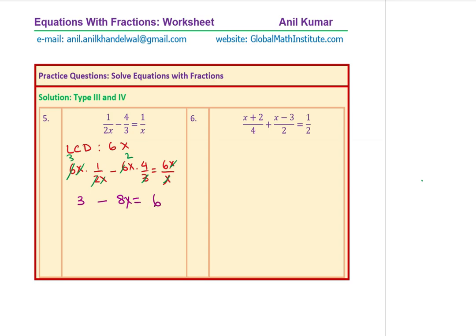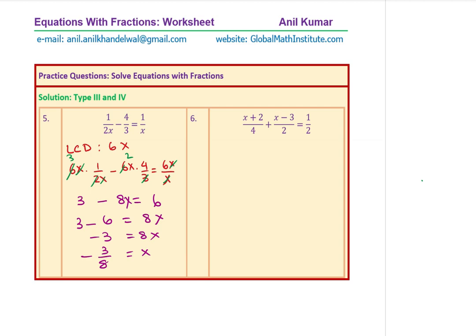And now we can take 3 minus 6 equals 8x. 3 minus 6 is minus 3, which equals 8x. And therefore, x is equal to negative 3 over 8. Is that correct? So you could do it like this and solve such equations of type 3 and type 4. Perfect?